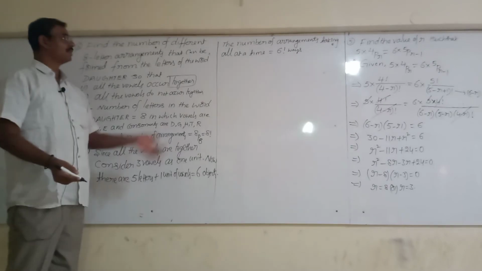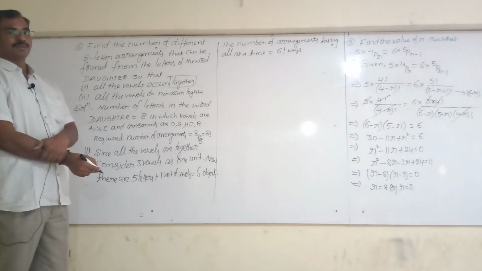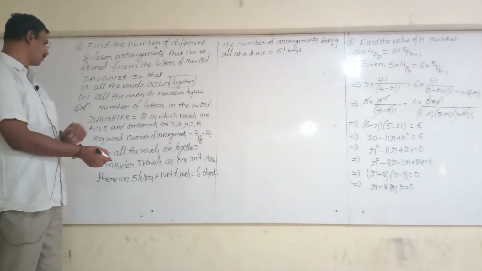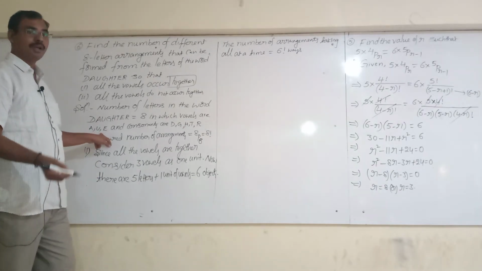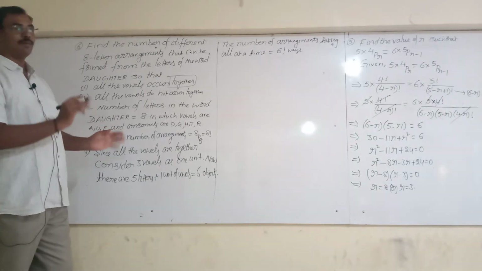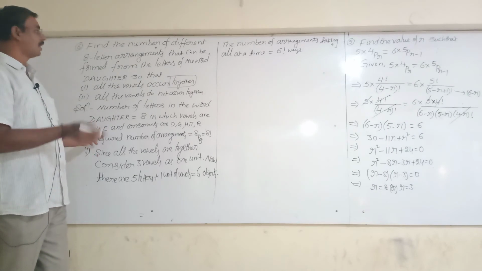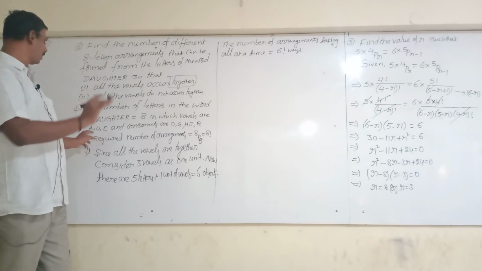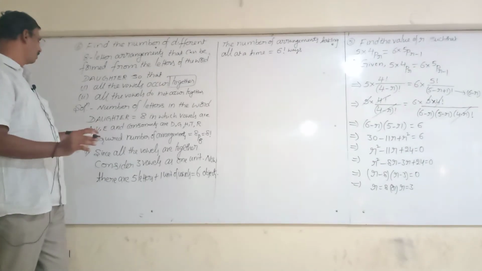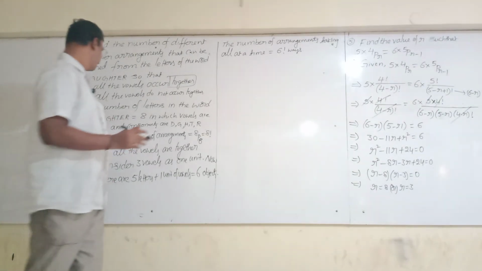But these 3 vowels can also be arranged among themselves. How many ways? Keeping the positions the same, we can arrange them among themselves in 3 factorial ways.